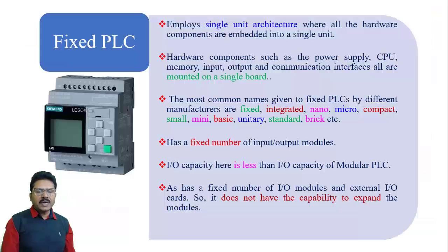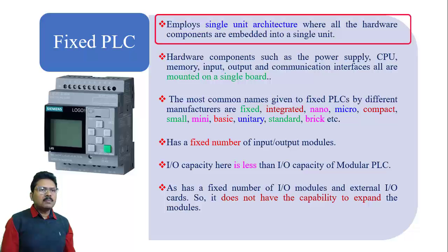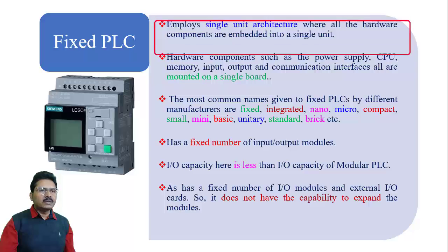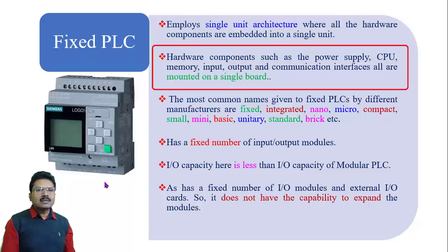Now I am trying to explain the different PLC architectures. First, the fixed PLC. Fixed PLC employs a single unit architecture where all the hardware components are embedded into a single unit. Hardware components such as power supply, CPU, memory, input, output, and communication interfaces are all mounted on a single board.